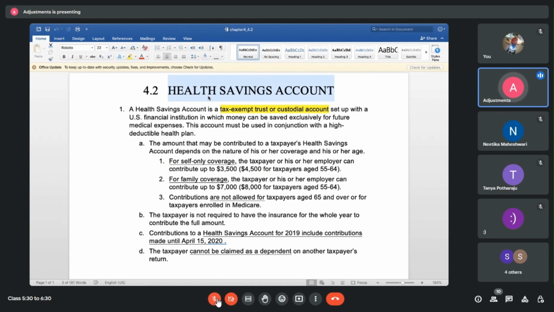So what the IRS is saying is, do not burn away all your money. Save something for your health, because healthcare is very, very expensive in the US. Obviously for the lower income group there are medical facilities provided, but still.